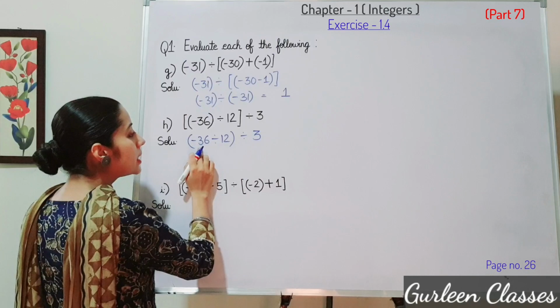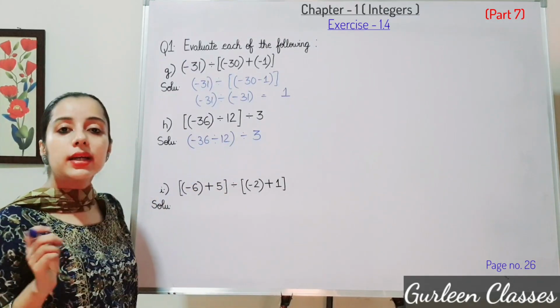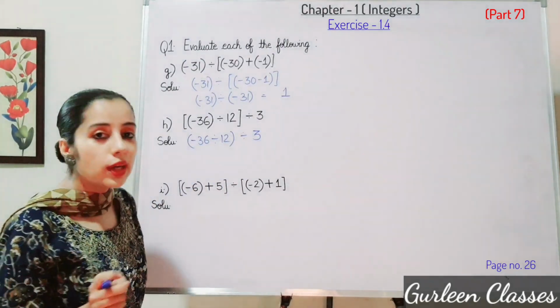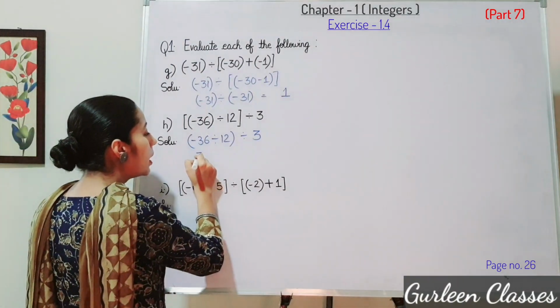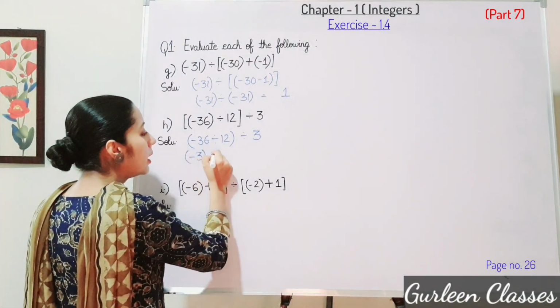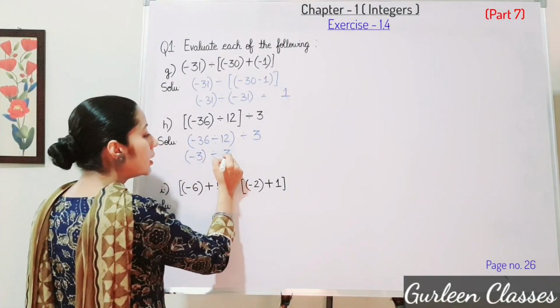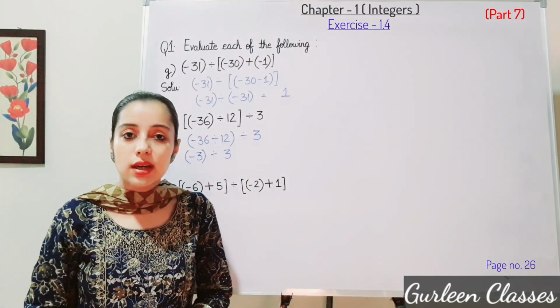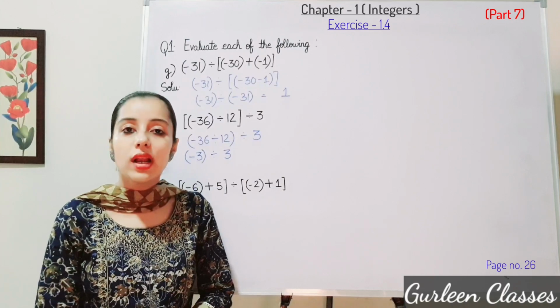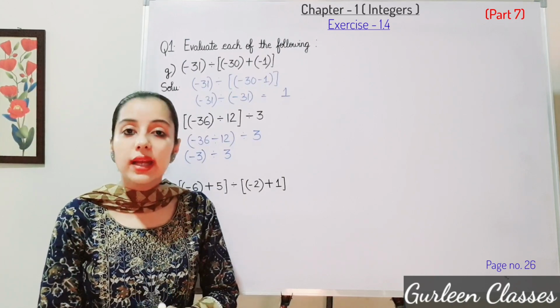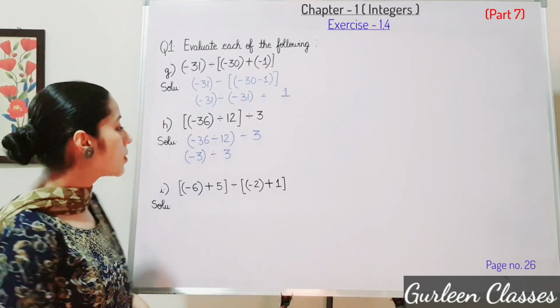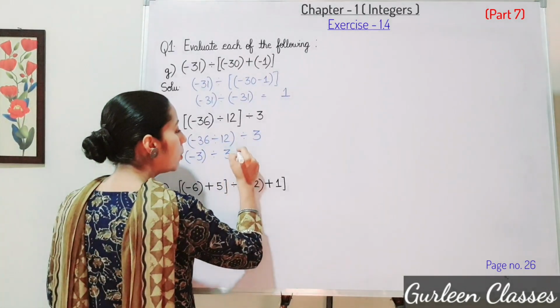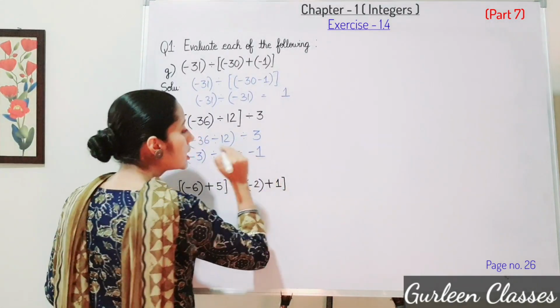Minus 36 divided by 12, 36 divided by 12 is 3, and the sign will be minus. Minus 3 divided by 3. If we divide a negative integer by a positive integer, we divide them as whole numbers. At last we put a minus sign before the answer. So your answer will be 3 divided by 3, 1, and it will be minus 1.